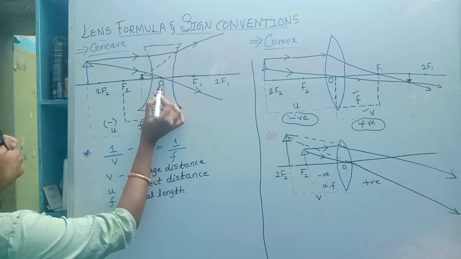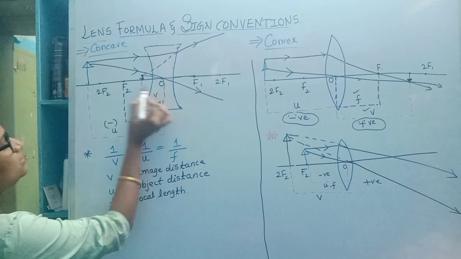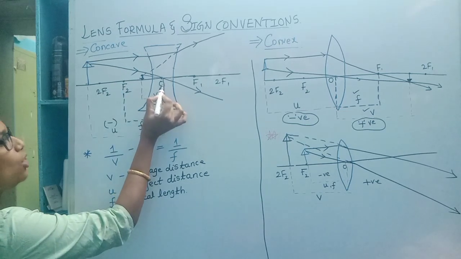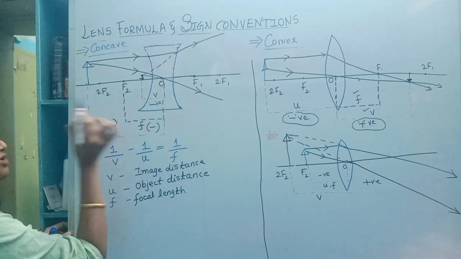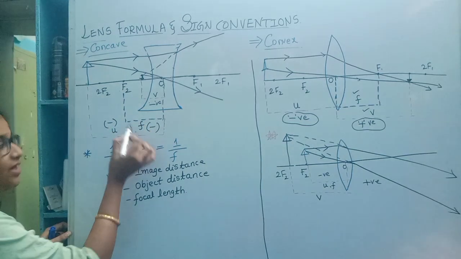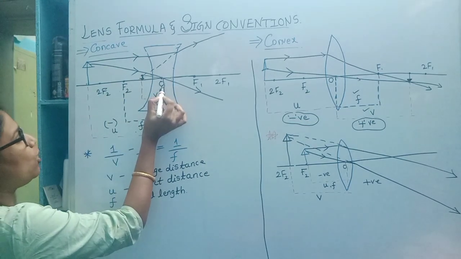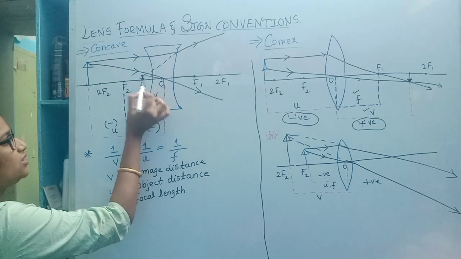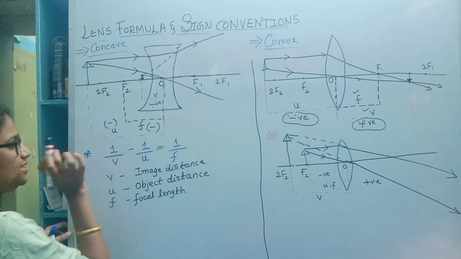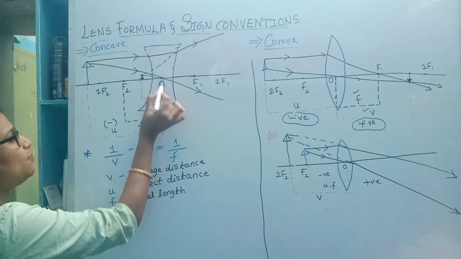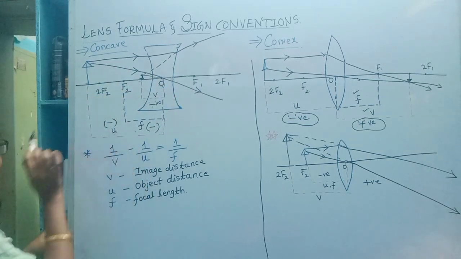The distance between the optic center and the principal focus is the focal length, the distance between the optic center and the image is the image distance, and the distance between the optic center and the object is the object distance.